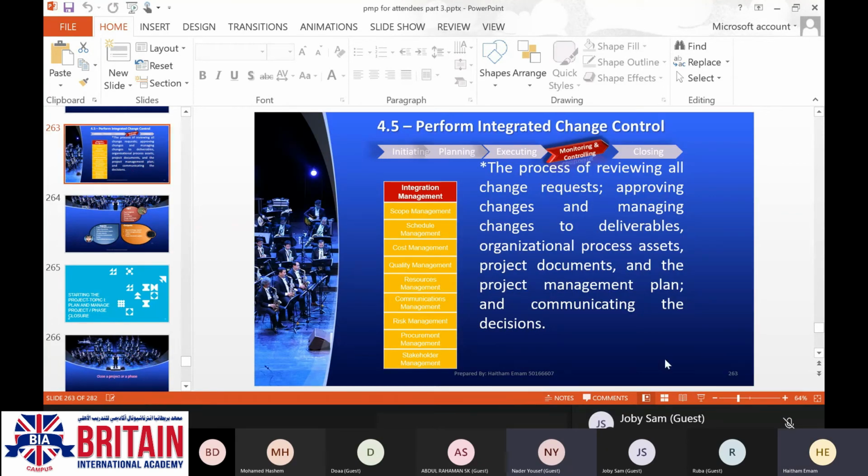You can see the slide. Perform integrated change control, the process of reviewing all change requests. It is part of the monitor and control process group, and it is part of the integration management knowledge area.